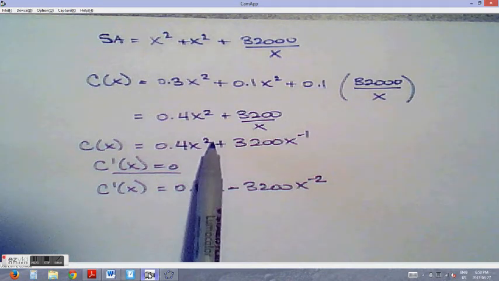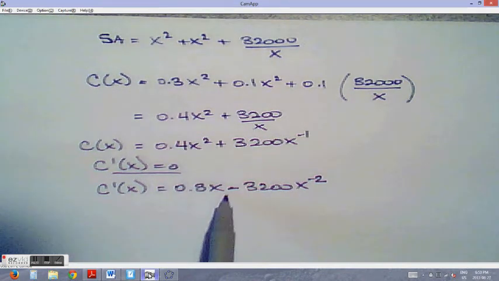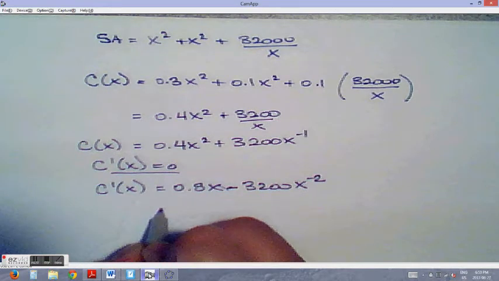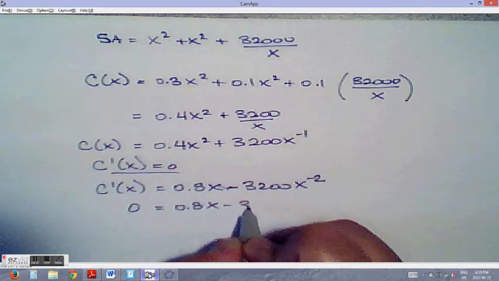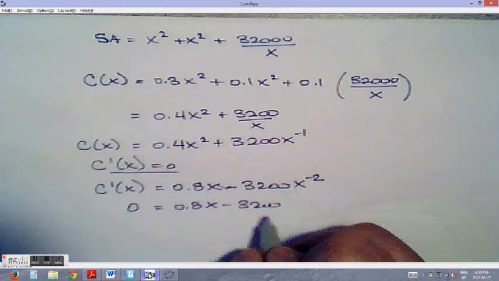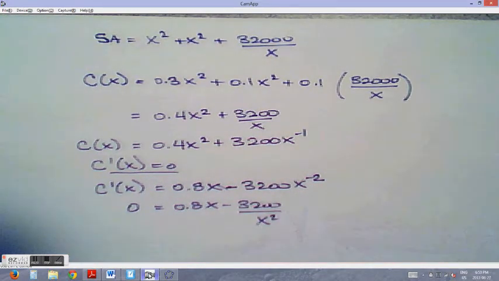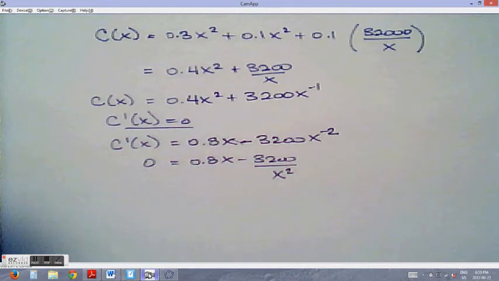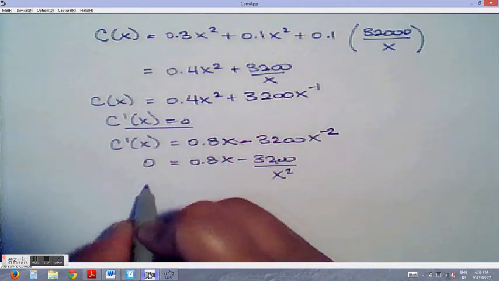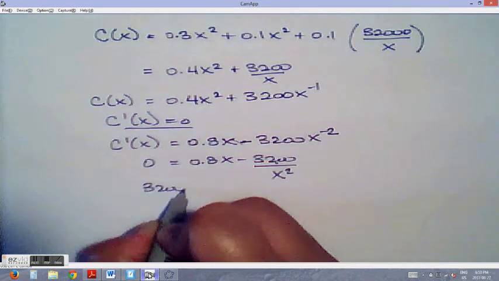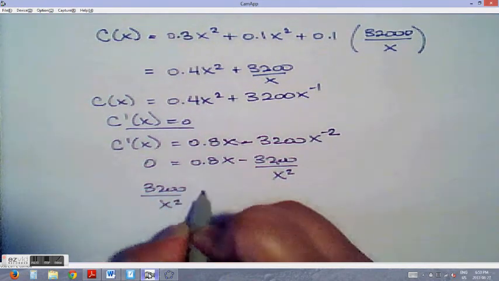Okay, perfect. So we're going to say that 0 is equal to 0.8x minus 3,200 all over x squared. So we're going to do the same thing as before, in which we move this to the other side and isolate for x. So 3,200 over x squared is equal to 0.8x.